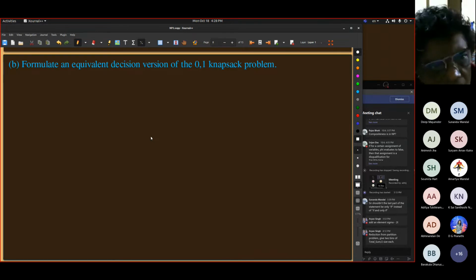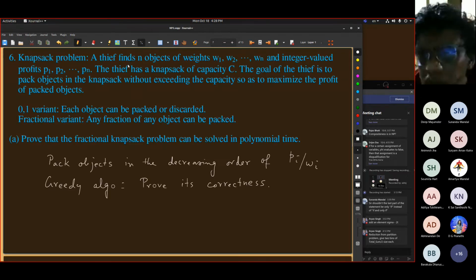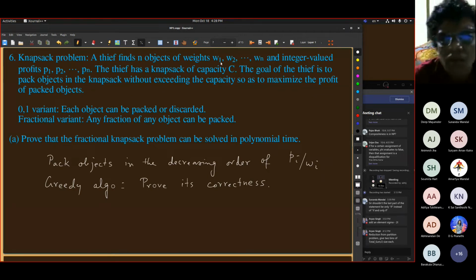No, these are all integers. Did I not mention it? Okay, so let's say W1 through Wn are integers. I forgot to mention these are integer weights and these are also integer values. Capacity is also, let's say, integer valued. Although here I am using floating point calculations, the inputs are all integers.